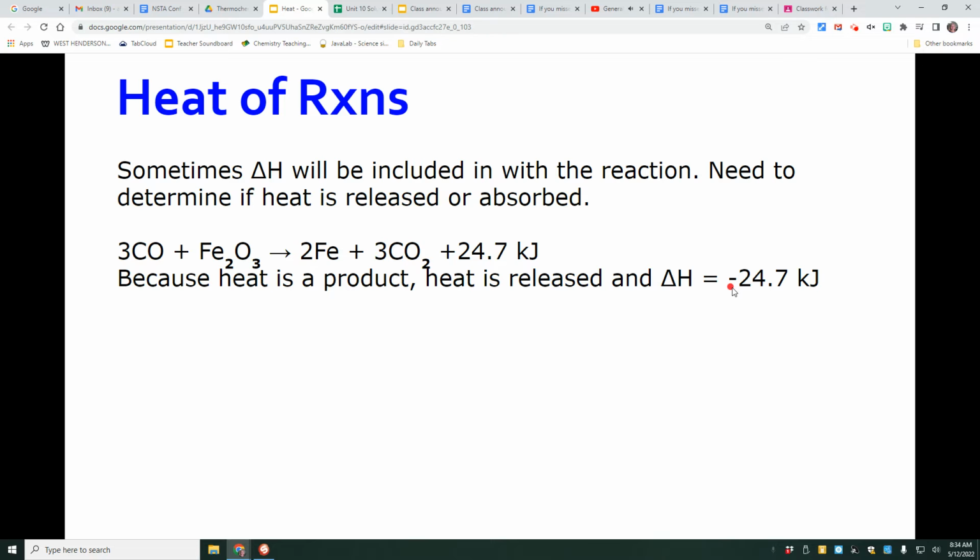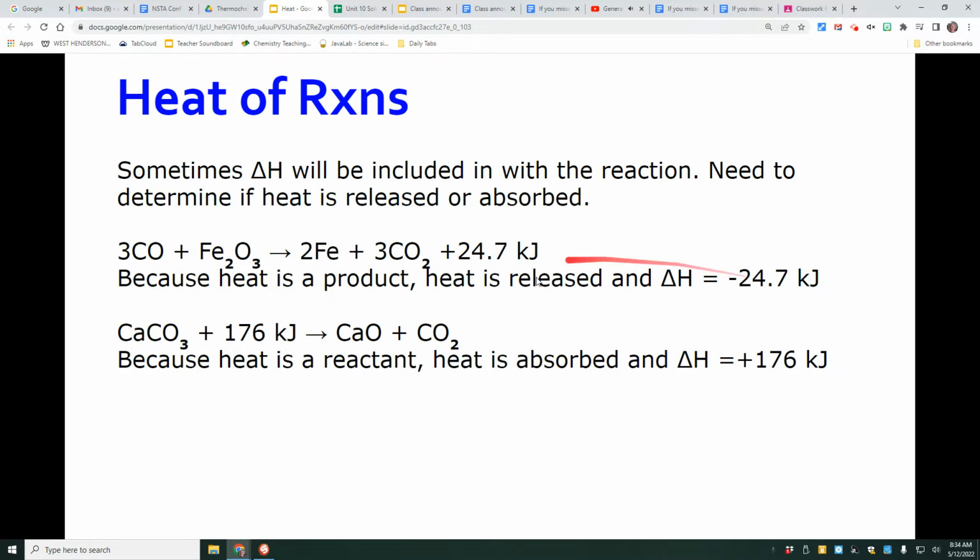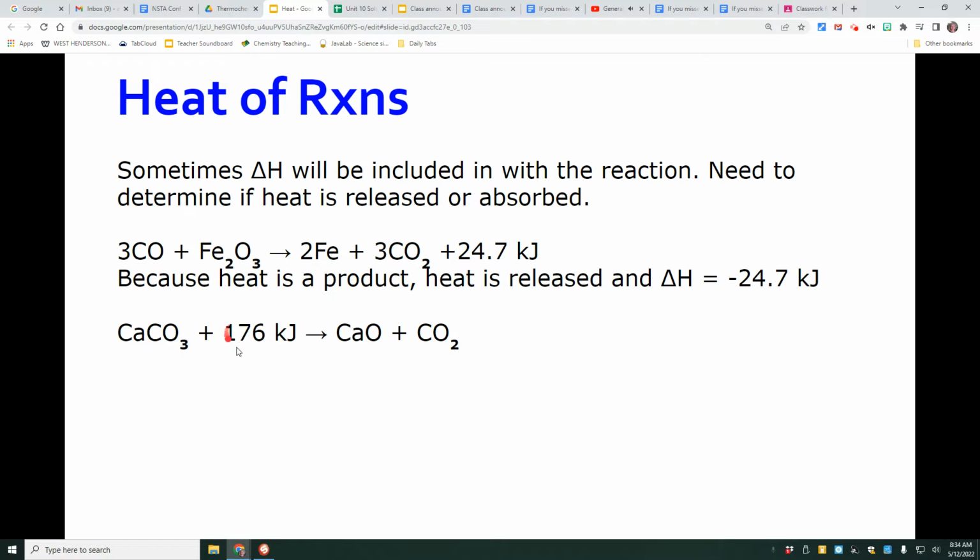Now, if we look at the next example, we have heat right here, and it is a reactant. Again, it could be a number or it could just be the word heat. And in this one, what we see is calcium carbonate.